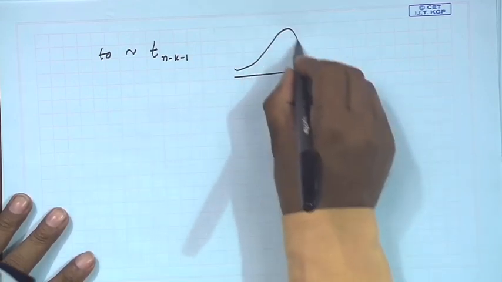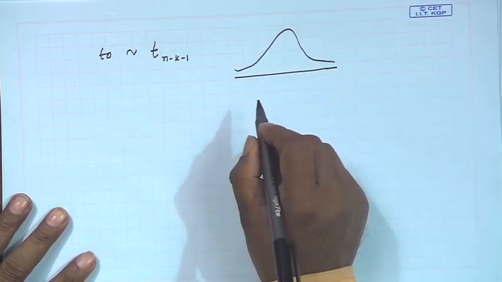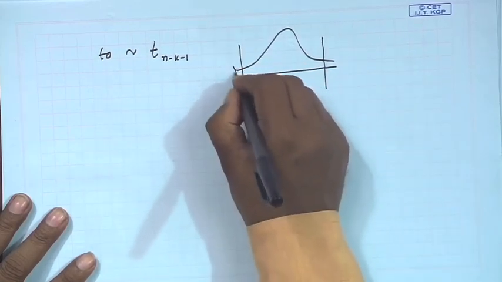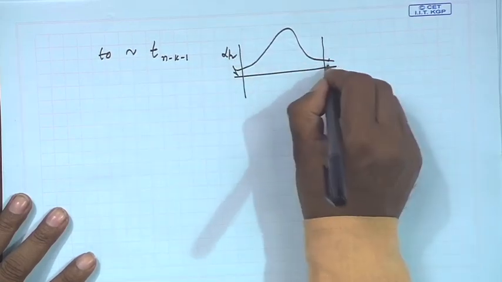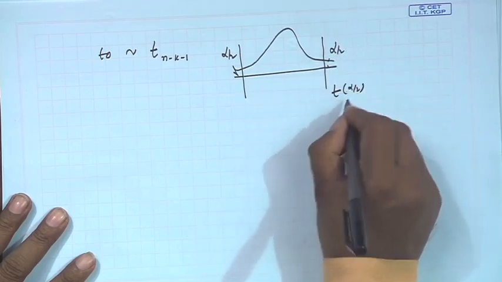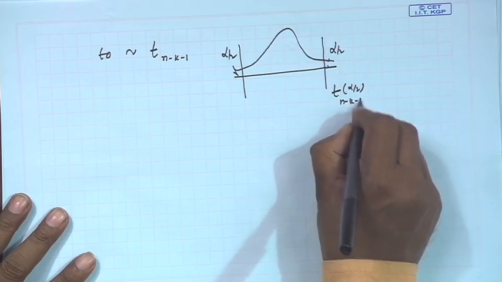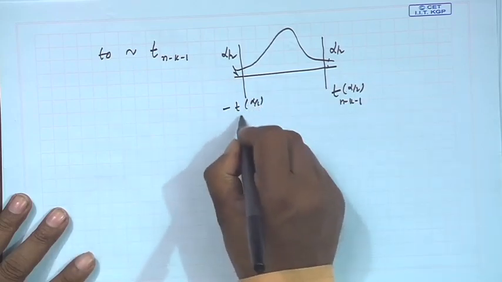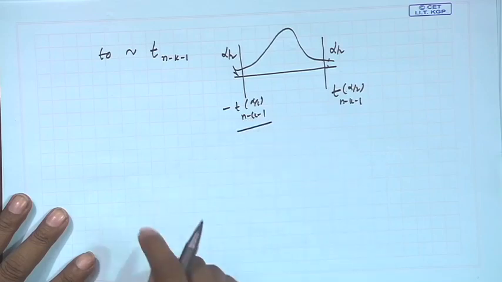So if you create a T distribution curve like this, and suppose it is a two-tail test, this side alpha by 2, this side alpha by 2, then this is T alpha by 2, n minus k minus 1, and this is minus T alpha by 2, n minus k minus 1.